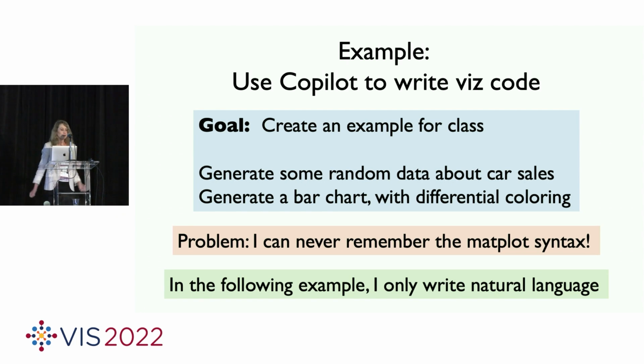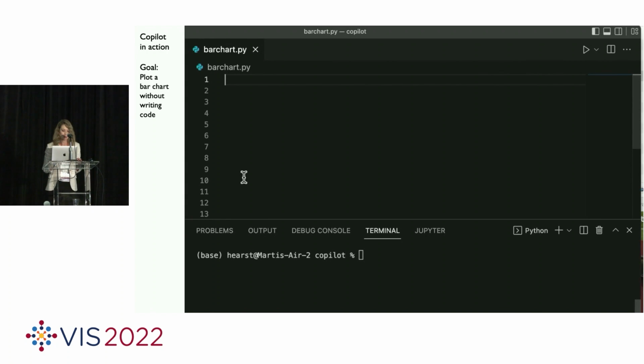So my goal was to create an example for class, generate some random data about car sales, generate a bar chart with differential coloring. The problem is I can never remember the matplot syntax. So in the following example, which I've sped up to double speed because I type slowly, I only write natural language to produce the code. So here we go.